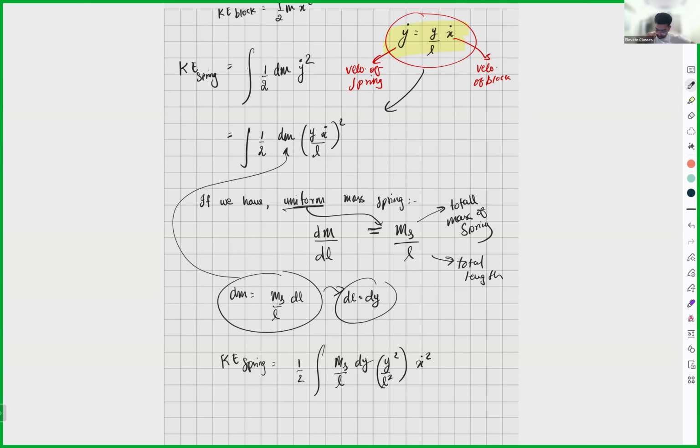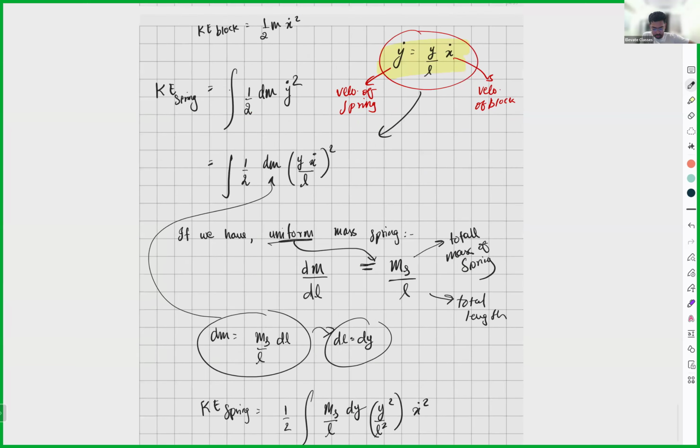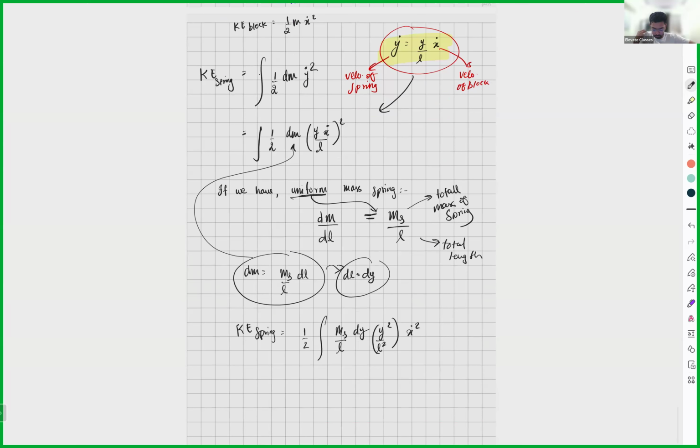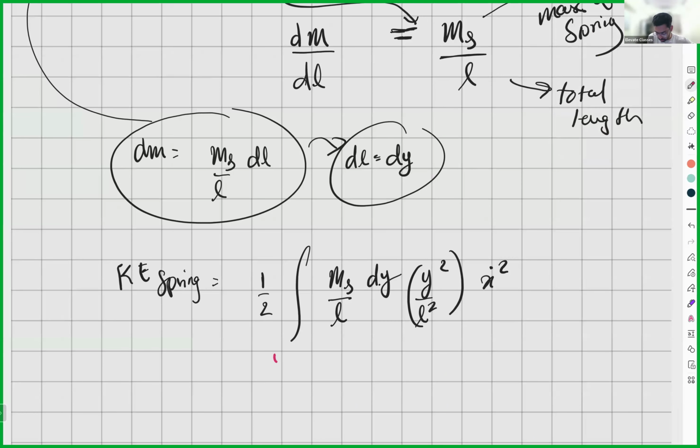I want x dot. So what can I do? Can you suggest a method to solve it further? The variable is y only, so the limits are y equals 0 to y equals L.